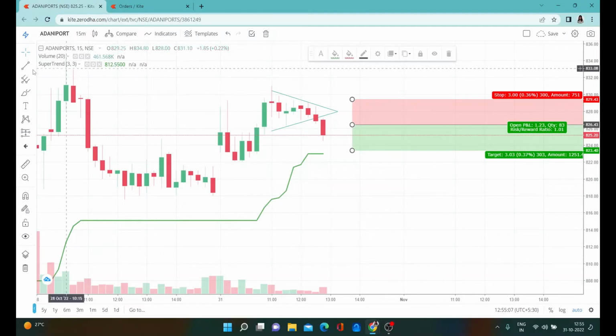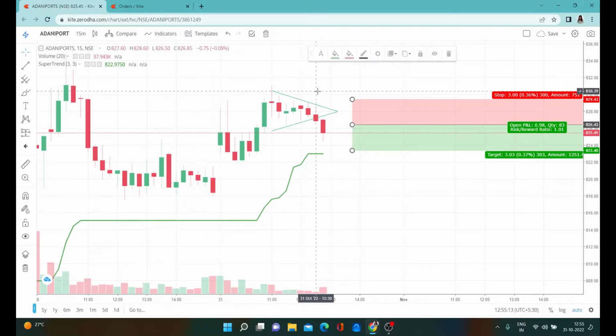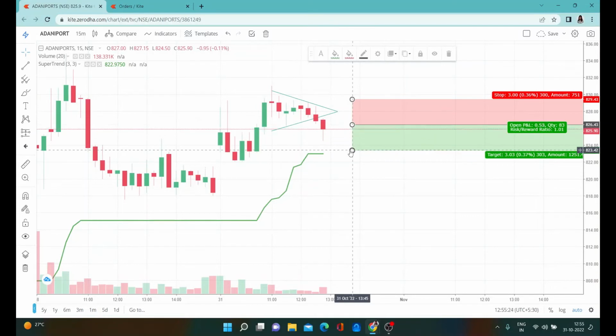This is how indicators come in handy. See, I've not taken a decision based on the indicator, right? I've taken a decision based on the price chart action, but I'm adjusting my targets based on the super trend or other indicators.